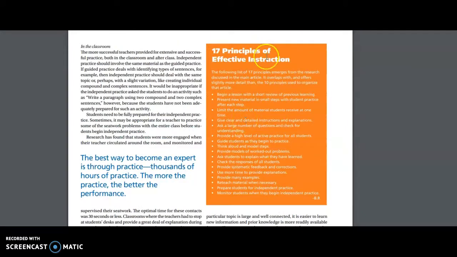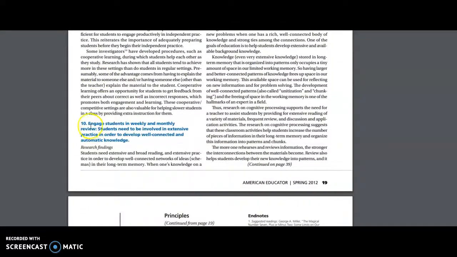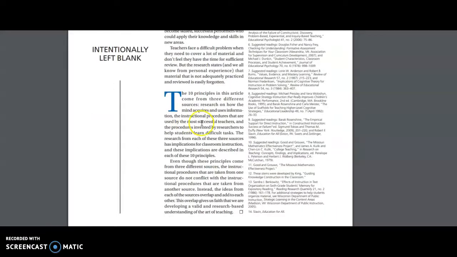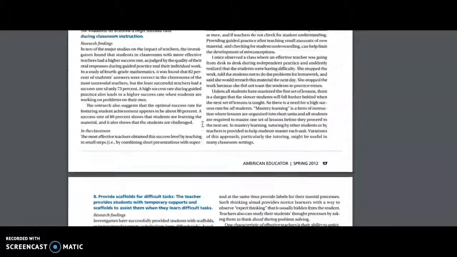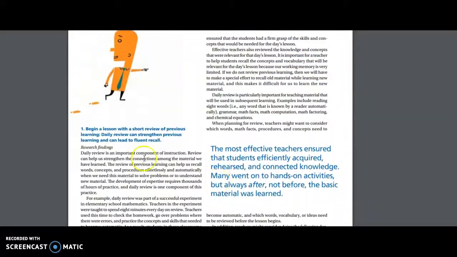This other list is just the following list of 17 principles that emerges from the research discussed in the main article. So it overlaps with and offers slightly more detail than the 10 principles used to organize the article, but I want you to focus only on the 10, okay? So the ones that are numbered 1 through 10. All right, so there's the end of the article. It's a pretty short article. It's only 9 pages, with 10 principles of effective instruction. Okay, remember again, the ones with a number and written in blue.